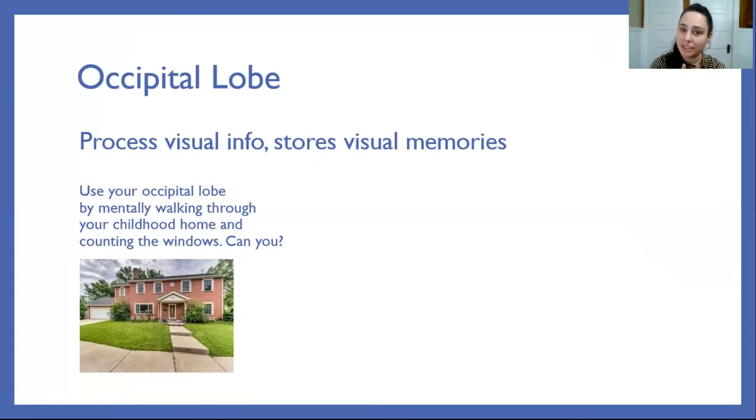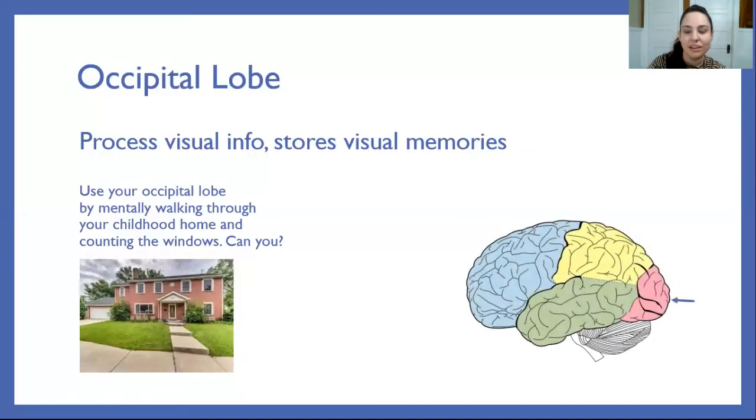But if I were to ask you, all right, close your eyes and look at your house and count the windows and then walk up to your room and count the windows, you could visually walk yourself through your entire house and count the number of windows it had and give me an accurate report. That's your visual memory at work. And that all happens in the occipital lobe of the brain.